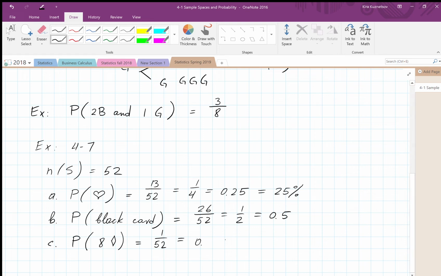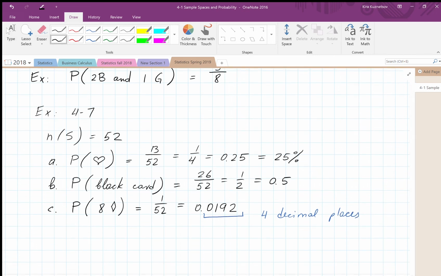I have my handy calculator out, and I want 4 decimal places. So please make sure to round correctly. After the 2 is a 3, so you round down, and I want 4 decimal places for all of your probability questions.